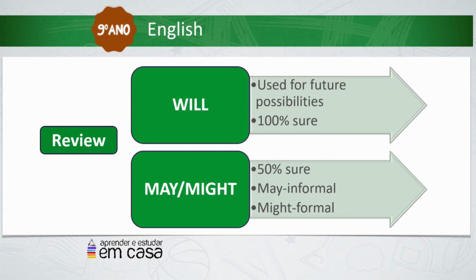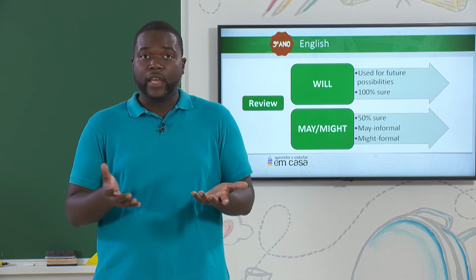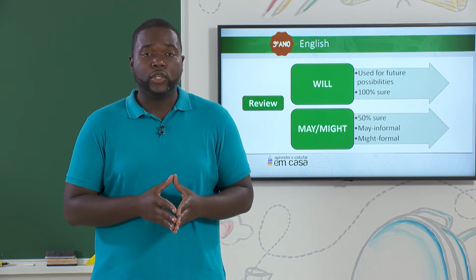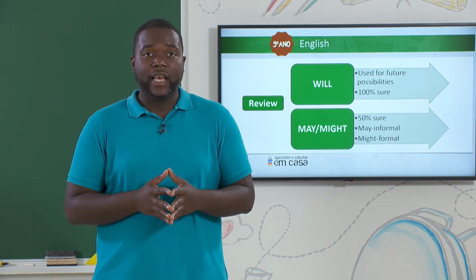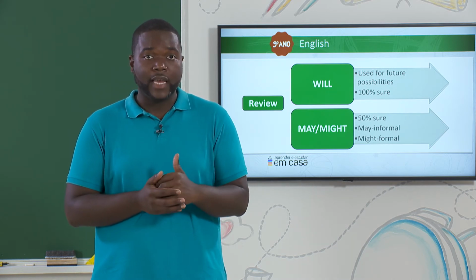Now, on the other hand, we use may and might when we are not so sure. Remember, we are 50% sure, and we use may in an informal situation and might in a formal situation. So those were the main differences of when we use will and when we use may and might.